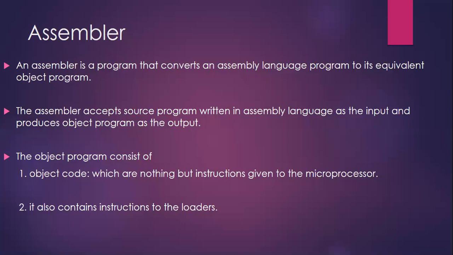Remember, this is not the final output for that particular program. We just have the conversion of a language from the source program into an object program. That's it. Later, this object program should be processed by your system or your processor. We'll see how this object program will be utilized further.